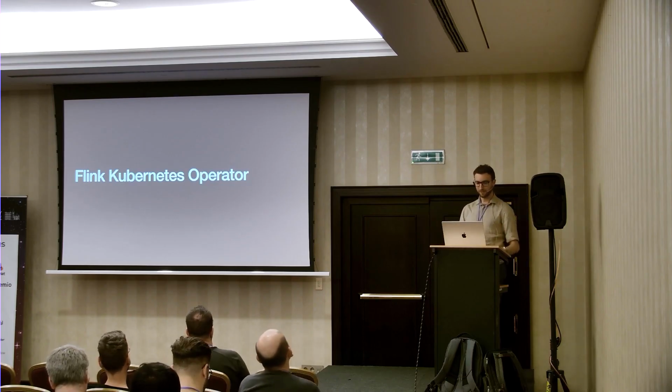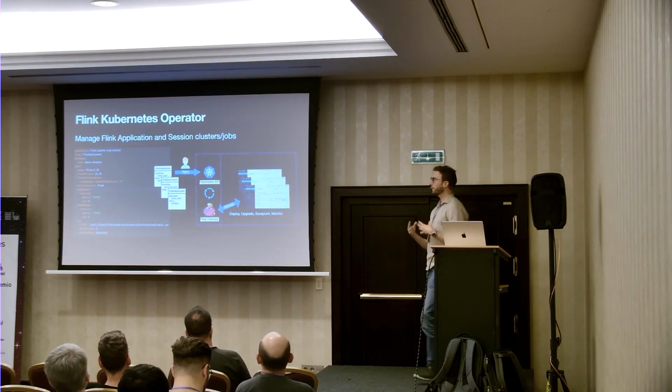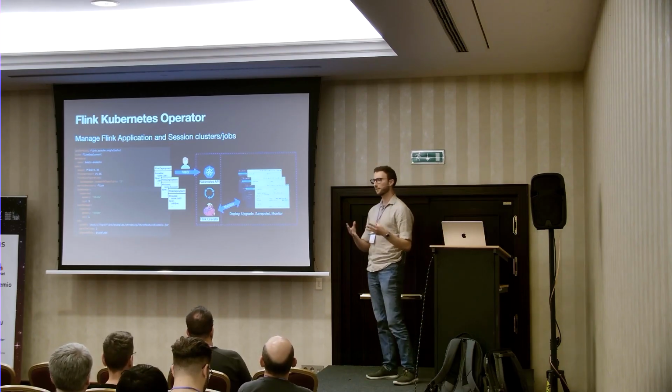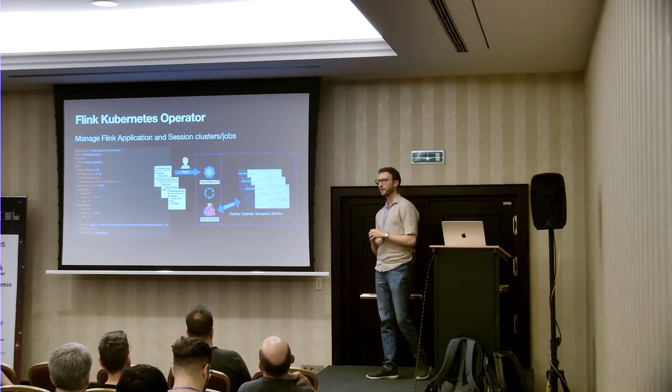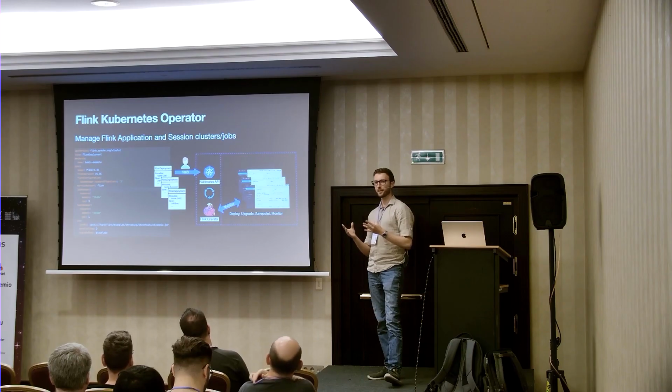This is where the Flink Kubernetes Operator itself comes into the picture. It is built from two parts, so to speak. One is the custom resource definition, a custom resource specific to Flink applications.